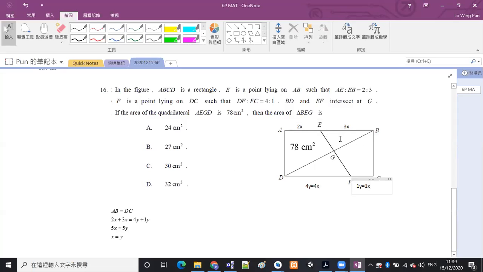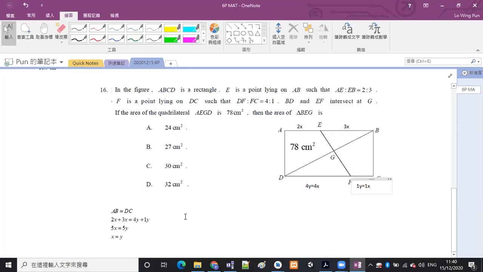So we have 3x and 4x now. So that is triangle GEB and triangle GFD. Can you see that triangle GEB and triangle GFD are a pair of similar triangles?